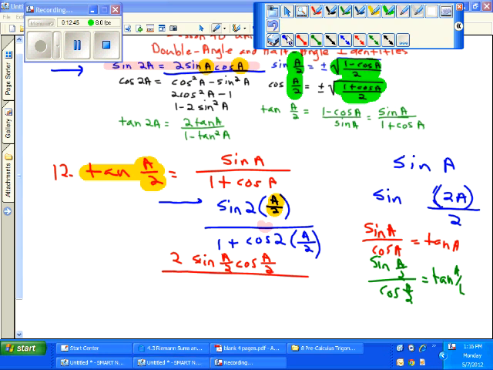over 1 plus. Now, I've got the second part to replace. I've got cosine of a over, cosine of 2 of those. So the cosine of 2 of something, and I'm going to replace it with this one, 2 cosine square a minus 1. So I'm going to replace that portion with 2 cosine of my a, which was a over 2.